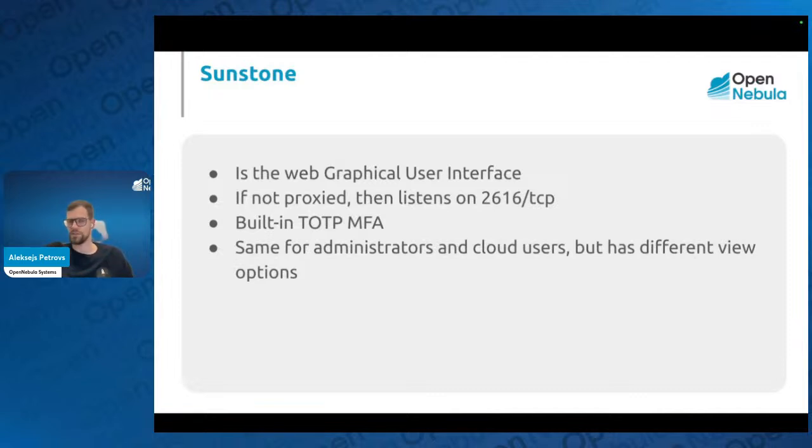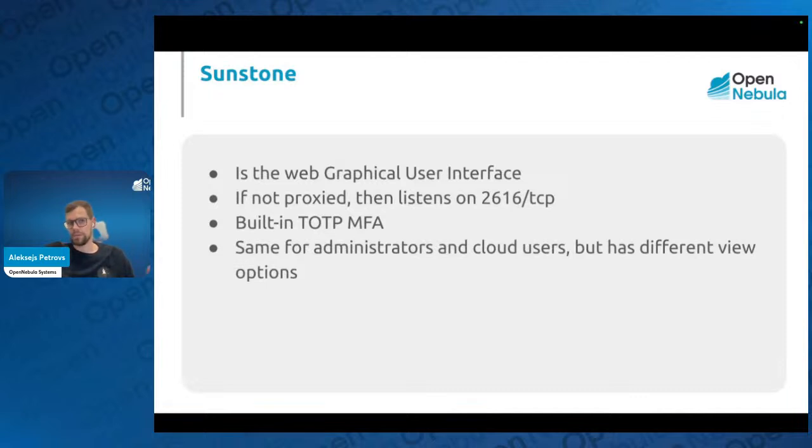There is the old Sunstone and new Sunstone. The old one is running on port 80, while the new one is running on port 2616. The old one is deprecated, so you know, and at some point it's going to get removed, but it's there for compatibility. And in case, for example, you have a lot of internal documentation based on the older version of Sunstone, that's why it's still there.